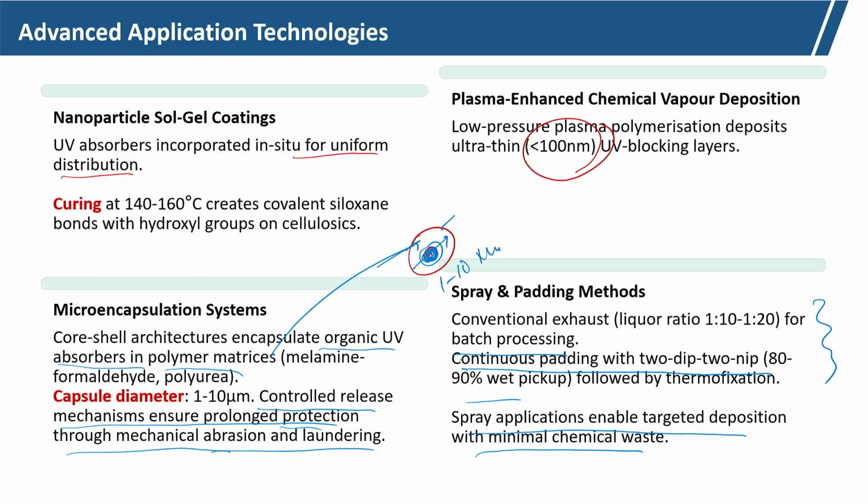With the conventional exhaust batch process or continuous padding, the chemical requirement will be high, because the chemical is added uniformly throughout the total area of fabric.